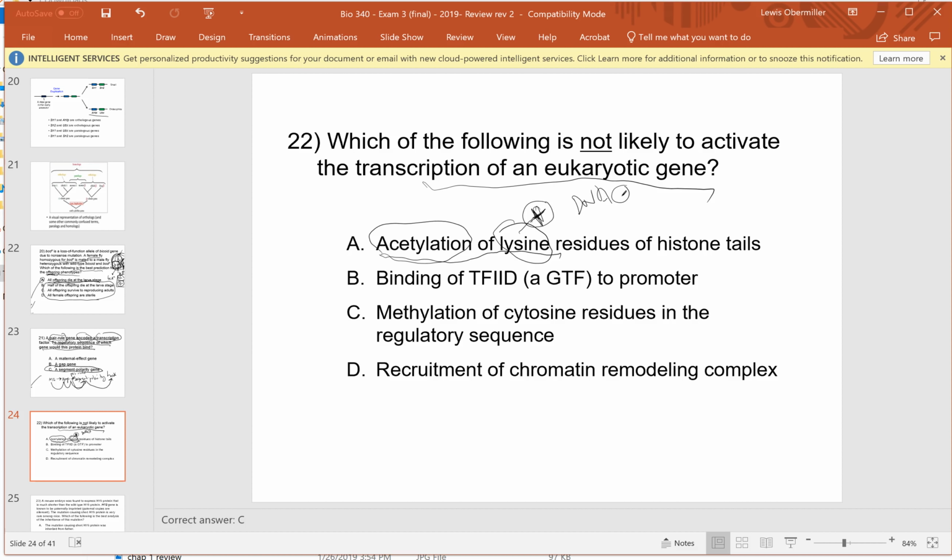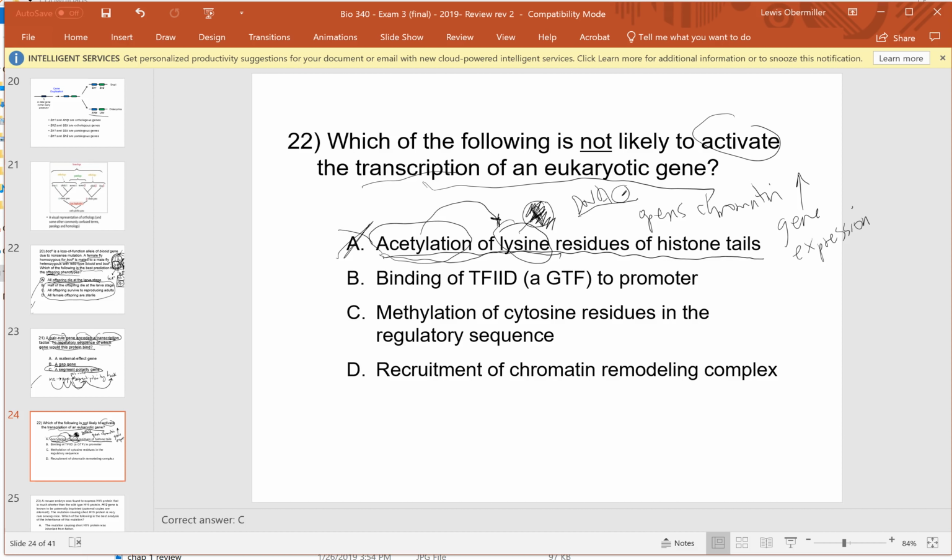So when you acetylate lysine, you take away this positive charge. And so that causes it to not bind to DNA as tightly, and so that opens the chromatin. And that increases gene expression. So acetylation of lysine residues of histone tails would activate transcription.